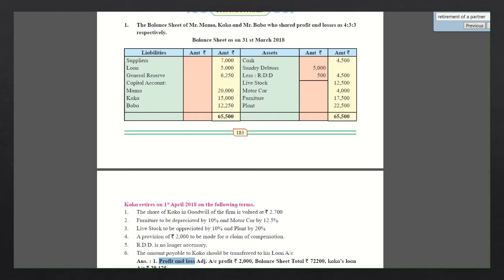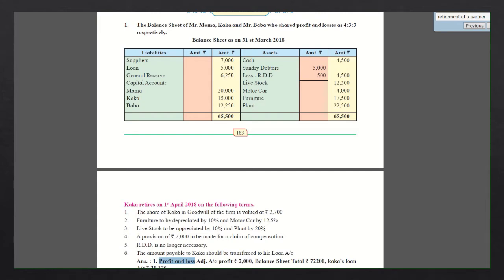So students, as you can see in the balance sheet, there is a general reserve which is already given to you. What we do with the general reserve, we have to distribute it among the old partners or the existing partners who were there. So what is the amount of general reserve? It is given 6,250.